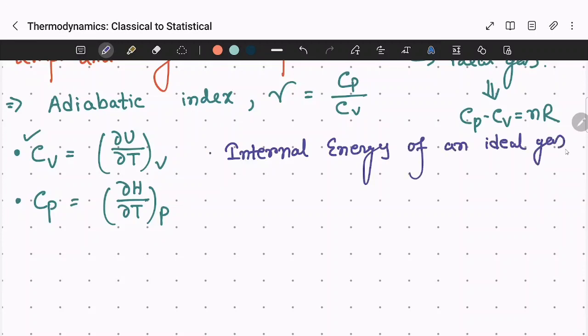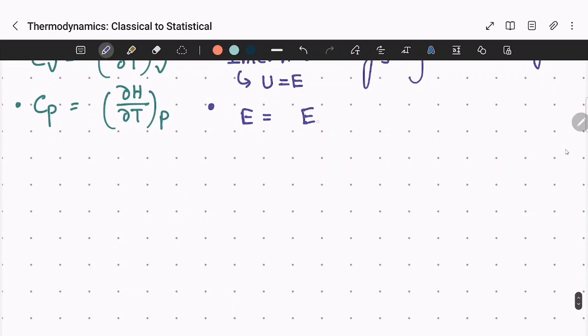How can you calculate it? The internal energy is written as U or E. Here we will use E to be consistent. So for gas molecules, which kinds of energies are available?